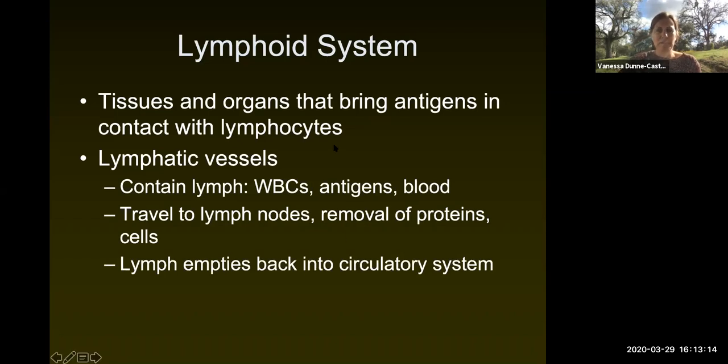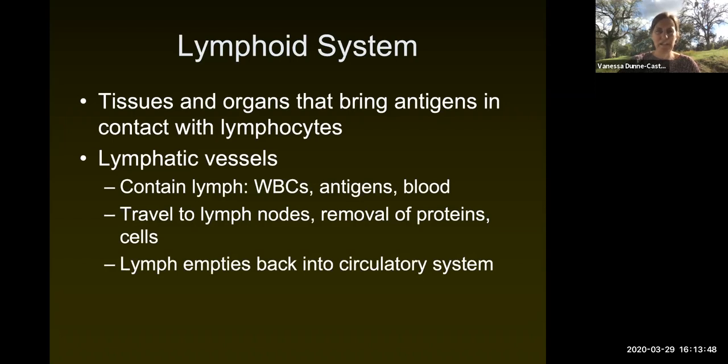Our lymphoid system is a really complex architecture or organization of tissues and different types of organs whose whole goal is to clean out any inflammation or damaged tissue as our immune system responds, and also bring together a meetup site for our antigens and our lymphocytes. So tissues and organs that bring antigens in contact with lymphocytes.